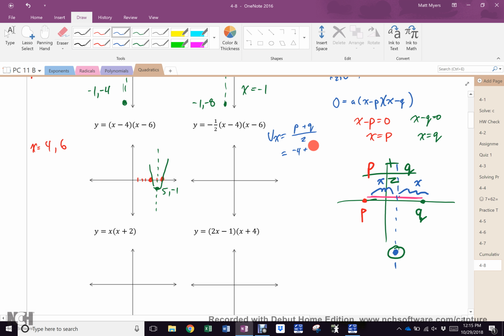Plus, what's Q? -6. Divided by 2, what's that? Something's going to be weird here. What's weird? It's -5. Now, we already know it's +5, don't we? So did I do something wrong here?